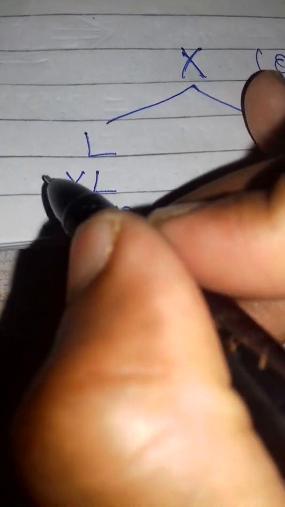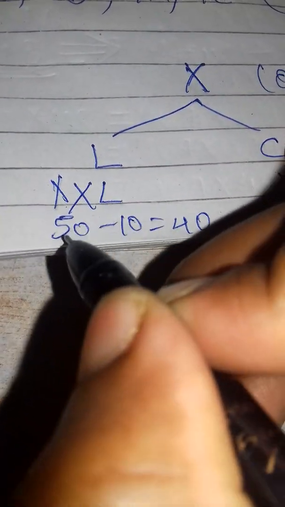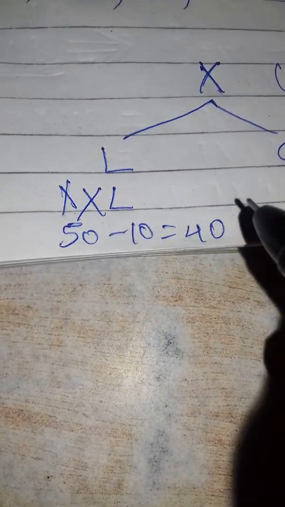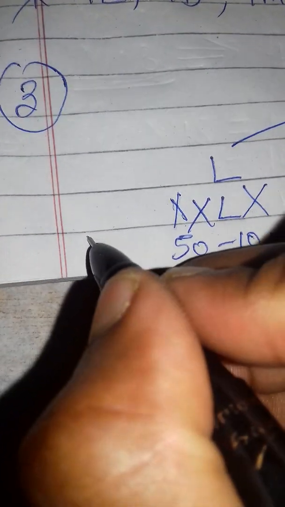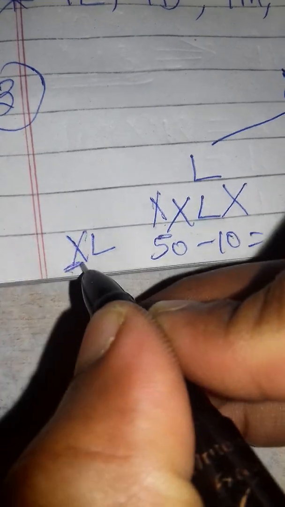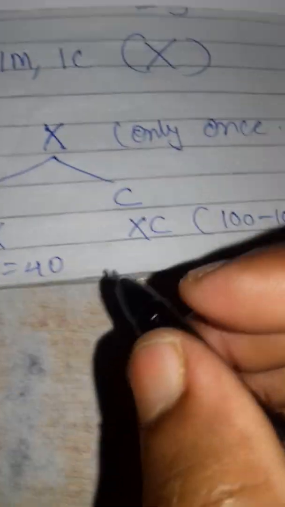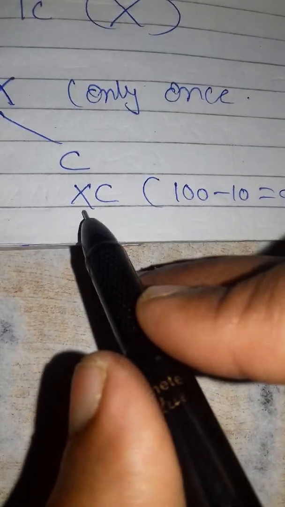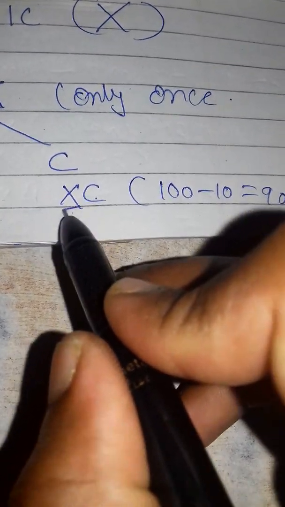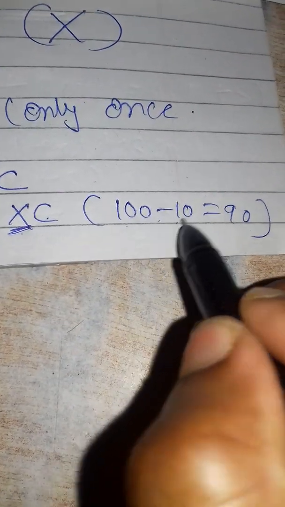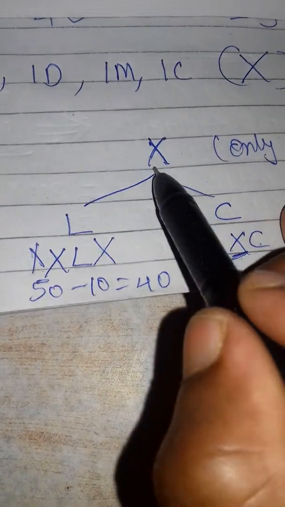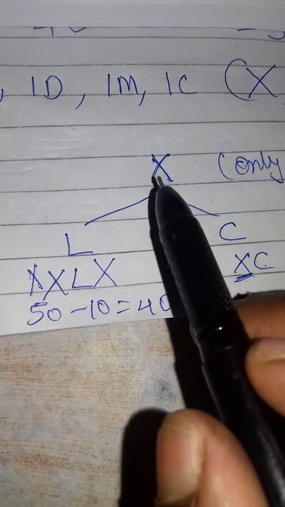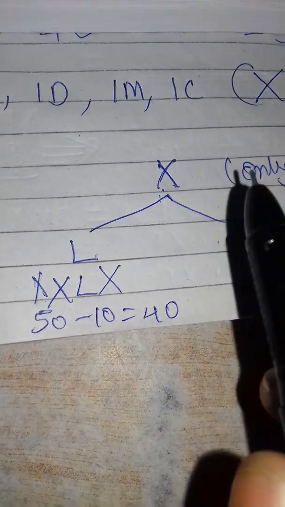Okay, but you cannot mention it two times, like 50 minus 20 is equal to 30 and all. So this is wrong. If you have to subtract, you will write it only once. Like this way, if you have to subtract X from C, you can use this symbol only once. So 100 minus 10 is equal to 90. So for X, you can subtract it from L and C only once.